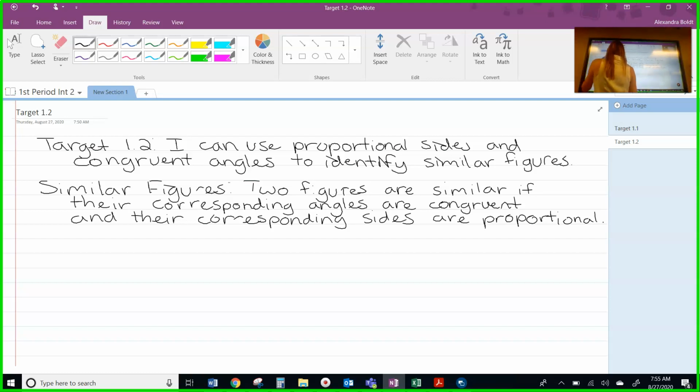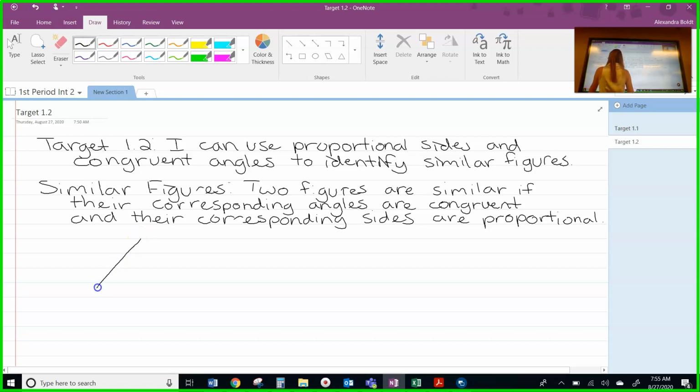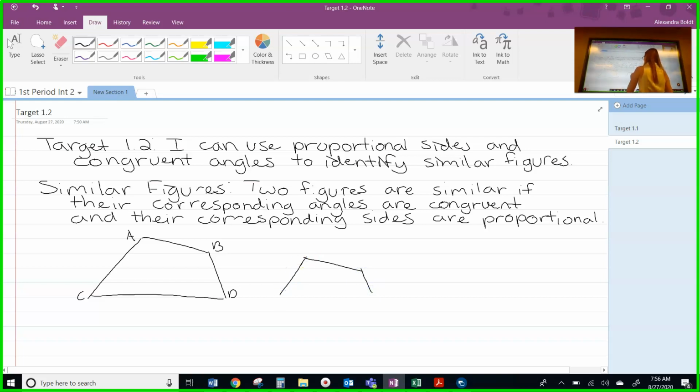Okay, so let's see an example of that. This is going to be figure A, B, C, D. And this is going to be figure W, X, Y, Z. Okay?